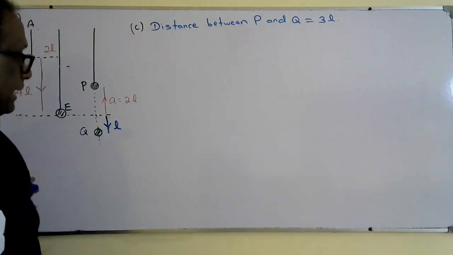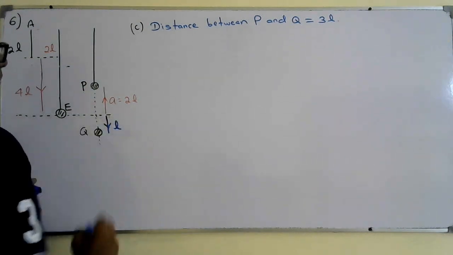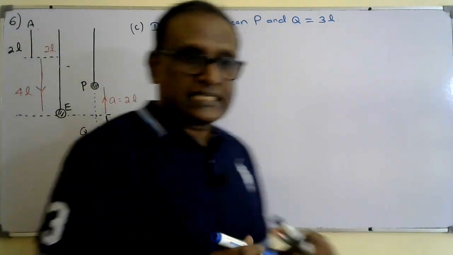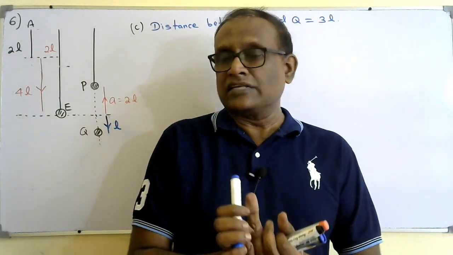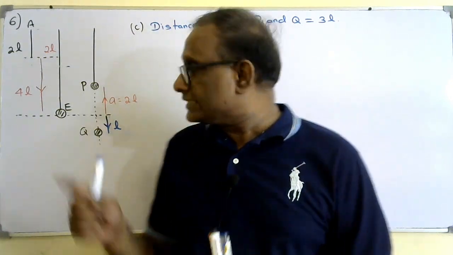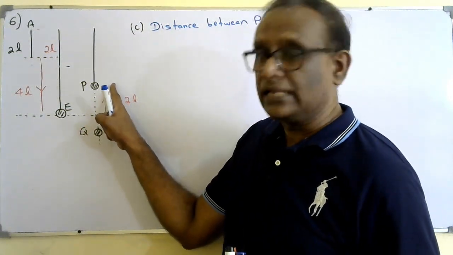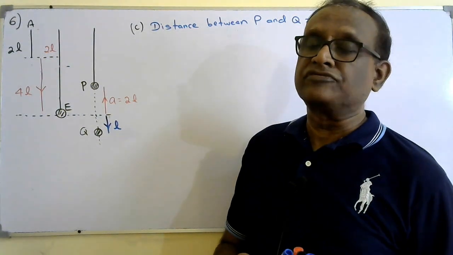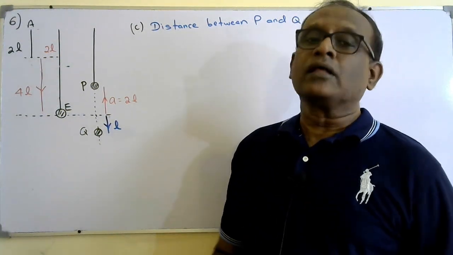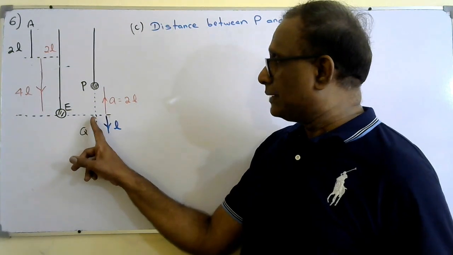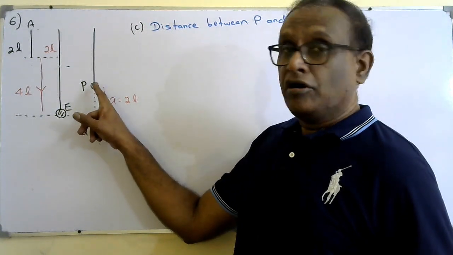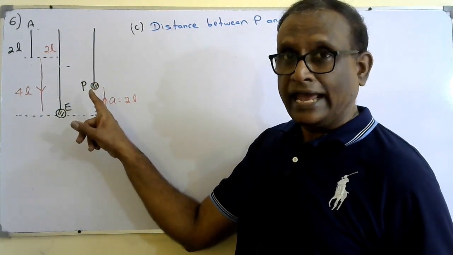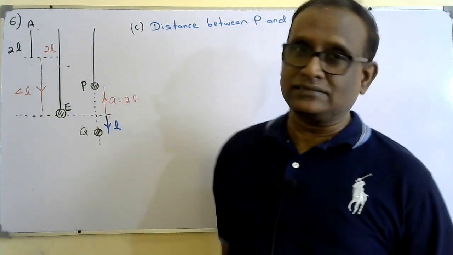But in terms of displacement, this is the equilibrium position. Displacement is a vector, so we have to use the sign. Displacement is always measured from the equilibrium position. Initially the displacement is 2L. What will be the time taken to have a displacement of minus L?